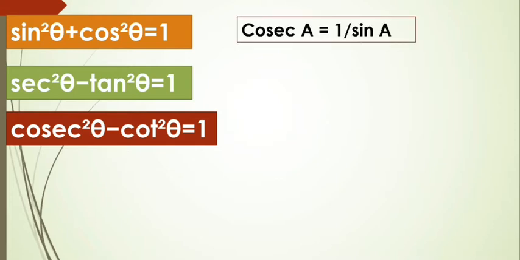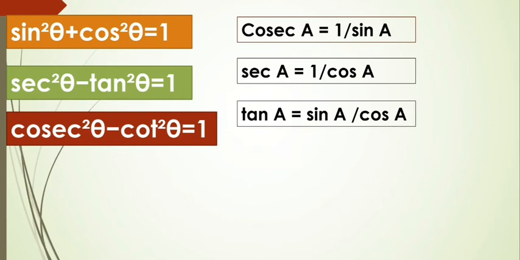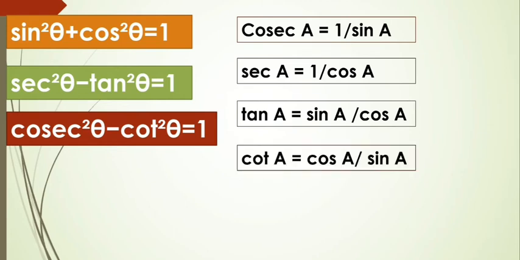Okay. To do trigonometric problems, we need some other formulas also. Just recall those formulas. Cosecant A can be written as 1 by sin A. Secant A is equal to 1 by cos A. Tan A is equal to sin A by cos A. Cot A is equal to cos A by sin A. These four equations are useful to convert all the trigonometric ratios into sine and cos.